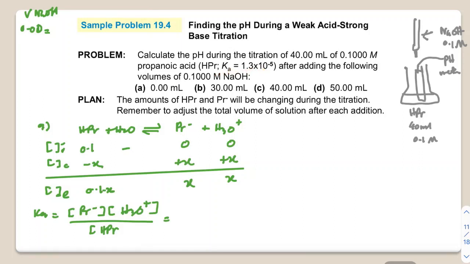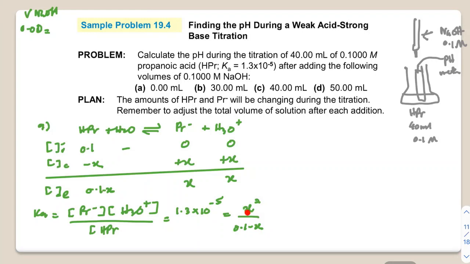Given Ka is 1.3 times 10 negative 5, it is equal to x squared over 0.1 minus x. Since we have a small Ka value, this x can be neglected.